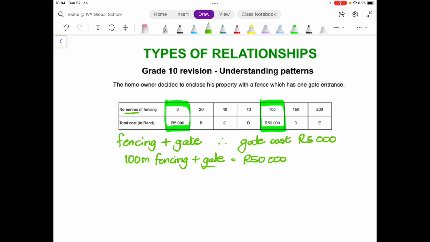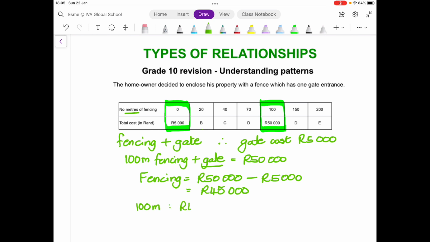Now we know that the gate is 5,000 Rand, so the fencing equals 50,000 Rand, that's the total cost, minus 5,000 Rand. So the fencing will cost 45,000 Rand. Now we know that 100 meters of fencing will cost 45,000 Rand.